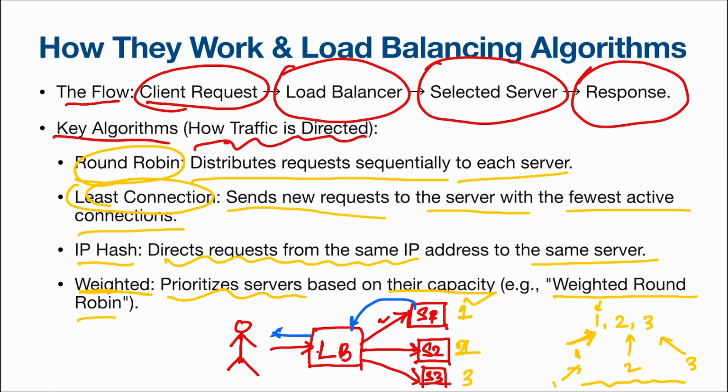For example, the CPU load, or in case the server is using some message bus, then the number of messages in the backlog for that particular topic. And then based on the capacity, whichever server the load balancer chooses, the request will be sent to that, and afterwards the response would be forwarded to the client.